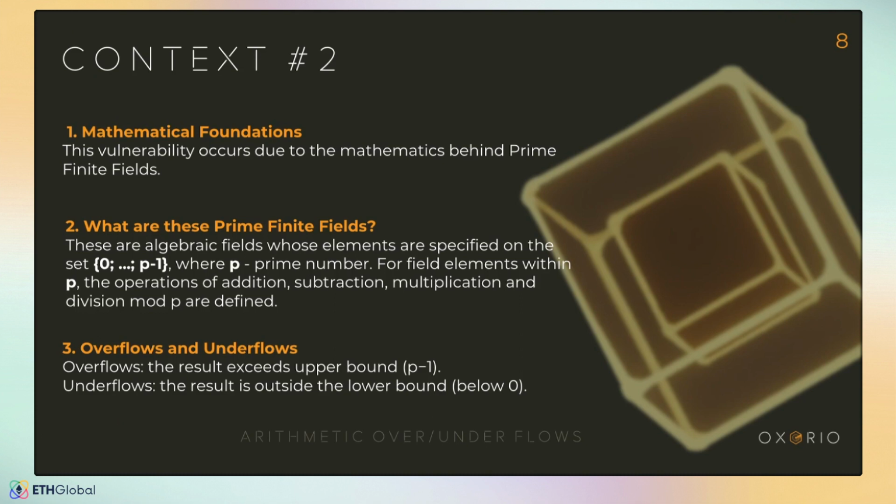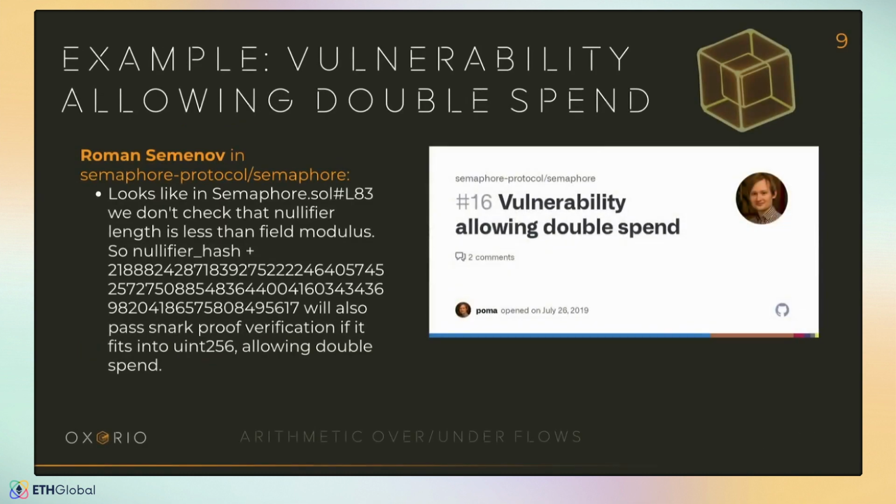Let's understand what prime finite fields are. They are algebraic fields that allow us to perform addition and multiplication modulo p on the set of elements constrained from 0 to p minus 1. Overflow occurs when the result exceeds the upper bound, and underflow occurs when the result is outside of the lower bound.